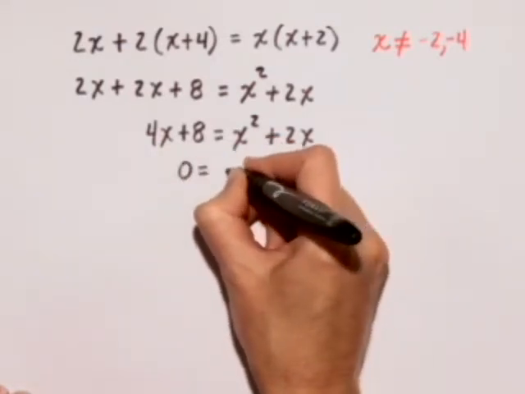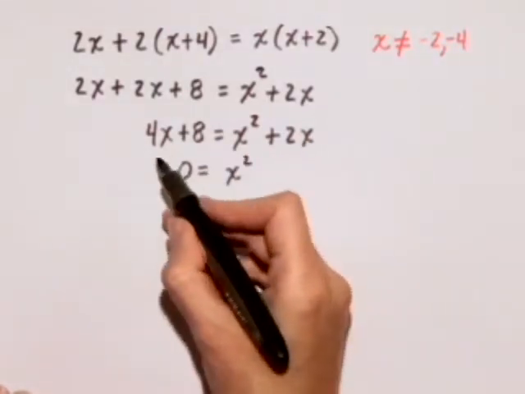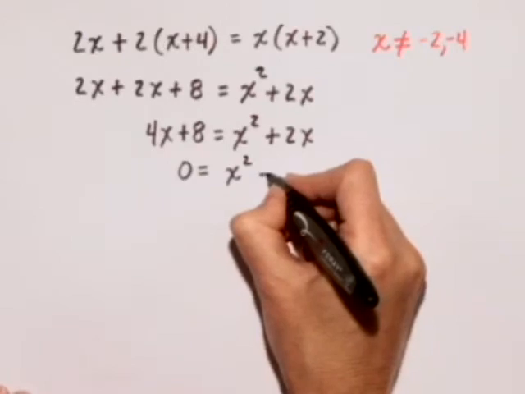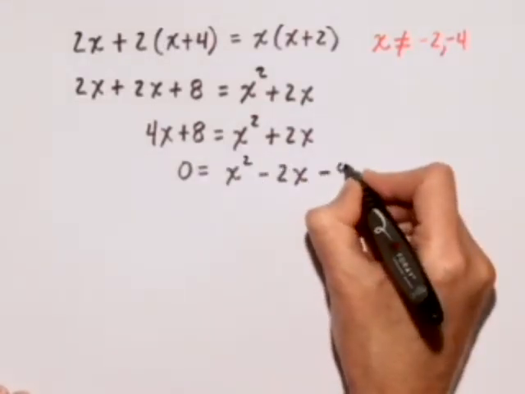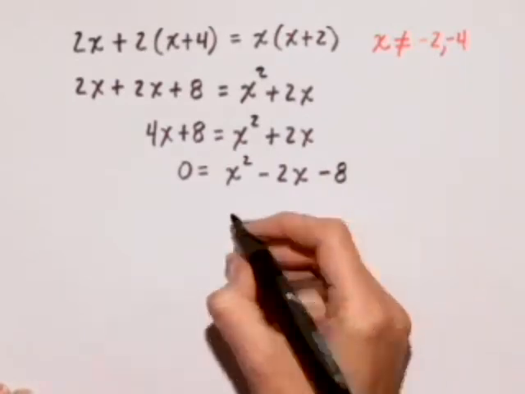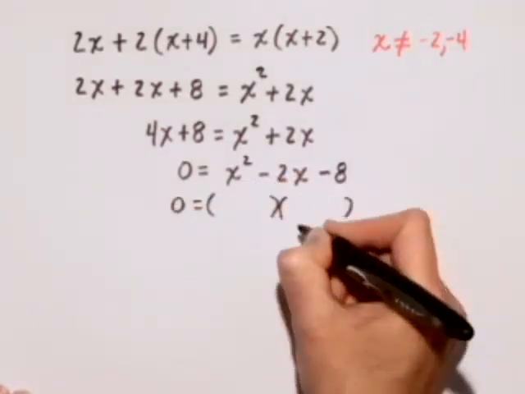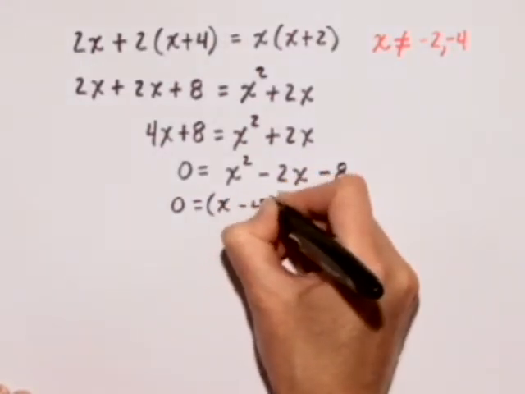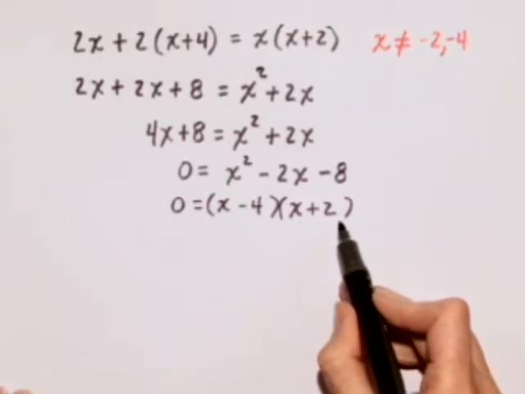And I'll have 0 equals x squared. I have positive 2x on the right. When I subtract 4x, it becomes minus 2x. And then when I subtract the 8, I'll have minus 8. Now this will factor nicely. I'll have 0 equals, I'll set up my parentheses. Looks like x minus 4 times x plus 2 is the proper factorization.